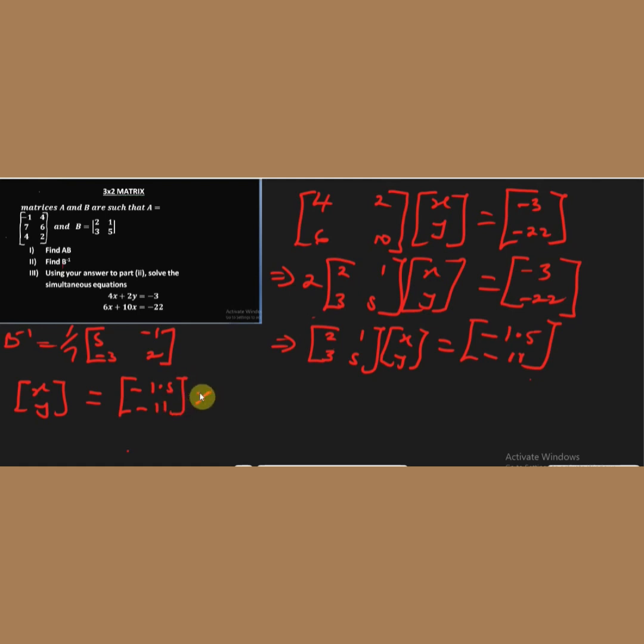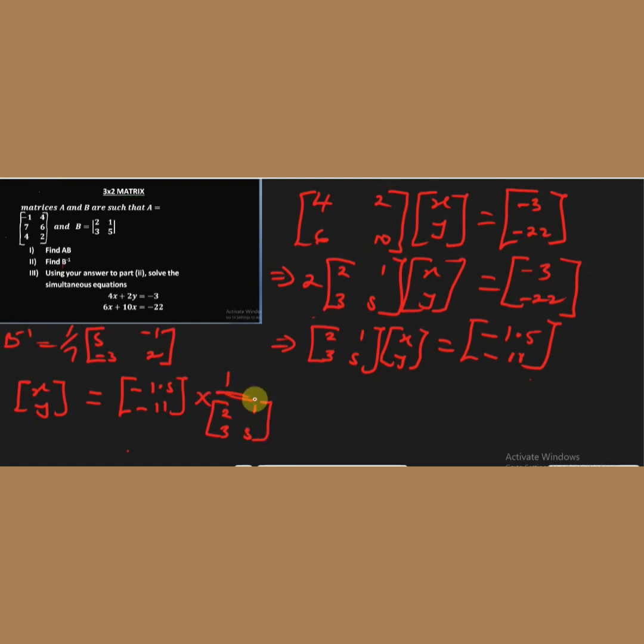Then times. Remember, I'm dividing across with this. You can say times 1 over this, because we are dividing across. So 1 over 2, 3, 1, 5.